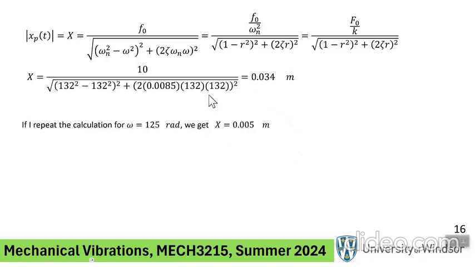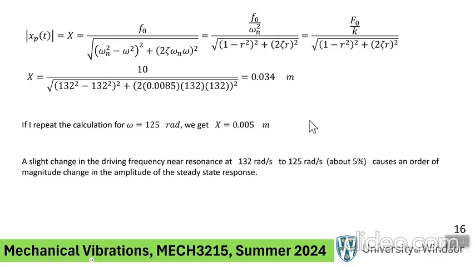If you do exactly the same thing with omega equal to this, which means R is going to be 125 over 132, you're going to get big X equal to 0.005, 10 times smaller than that. So a slight change in the driving frequency near resonance can dramatically affect the amplitude, and you can see that by an order of magnitude.